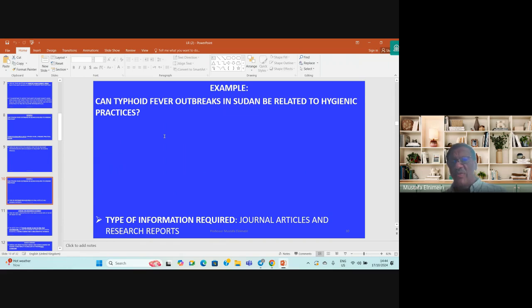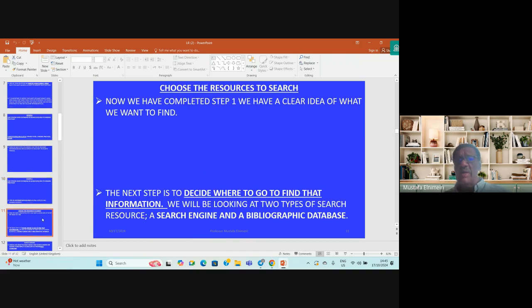Maybe I can identify that the type of information required for the research is journal articles and research reports. Then now we have completed step one. We are clear about what to search and what we want to find.